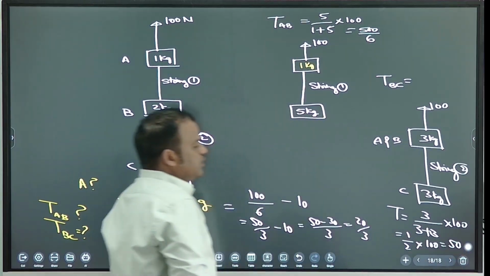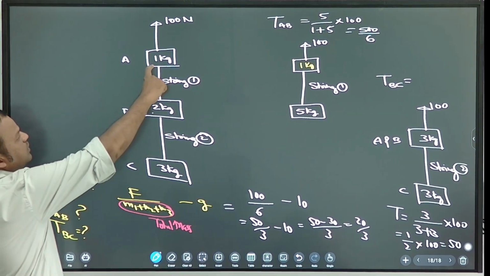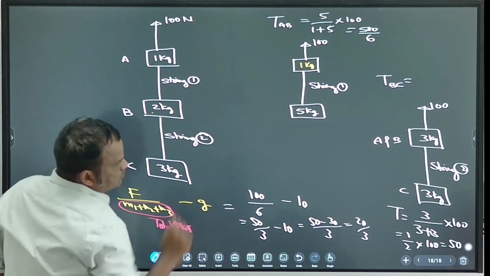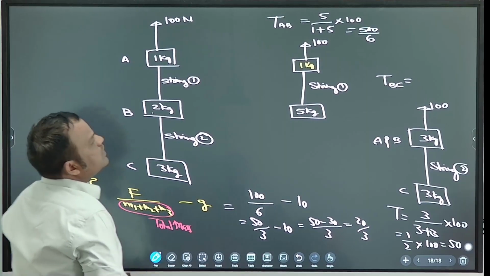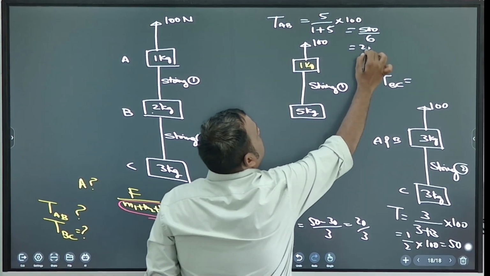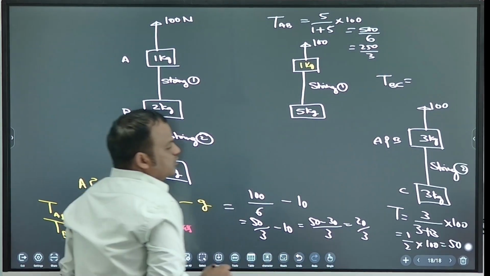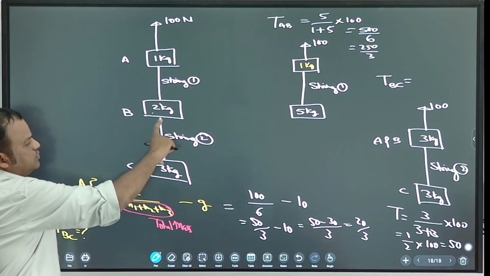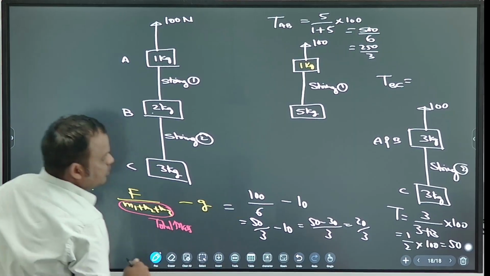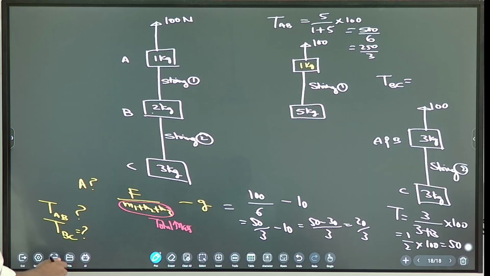So 50 Newton. So what is the tension in the upper string? 500 by 6, 250 by 3. What is the tension in the lower string? 50. Okay. Clear? So that is the tension formula.